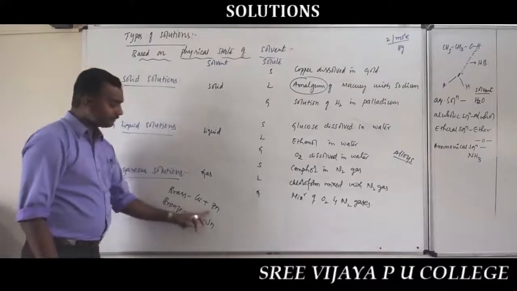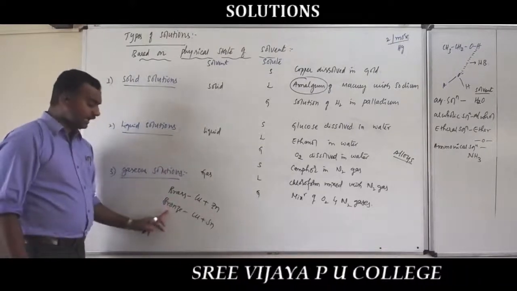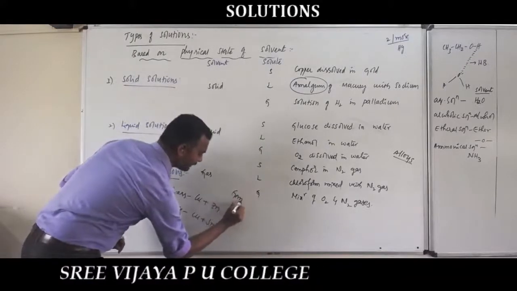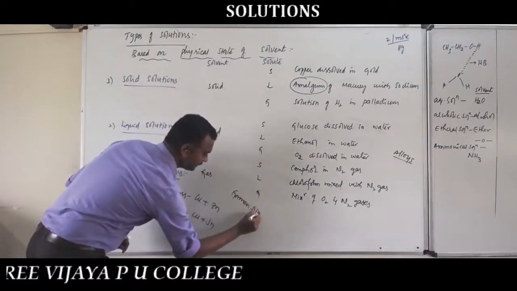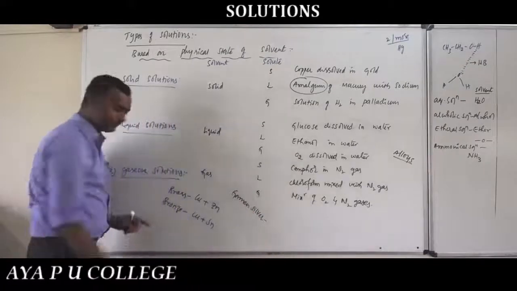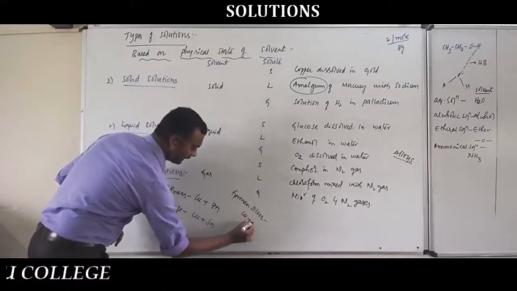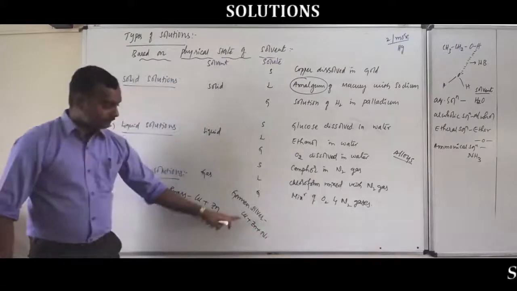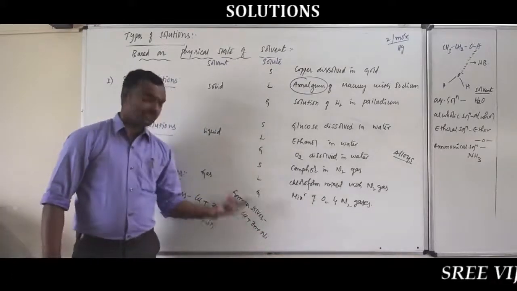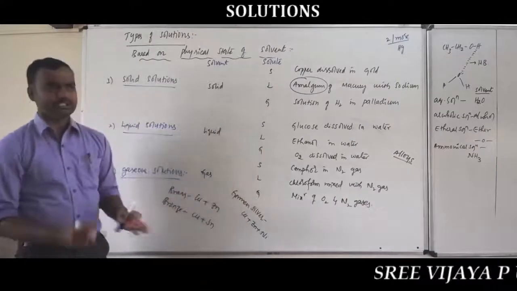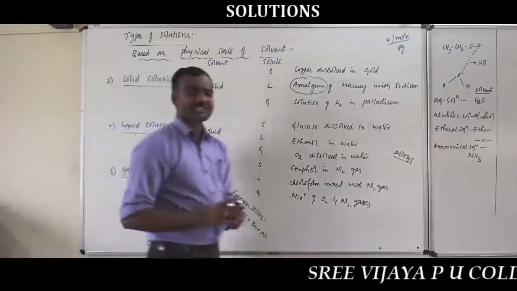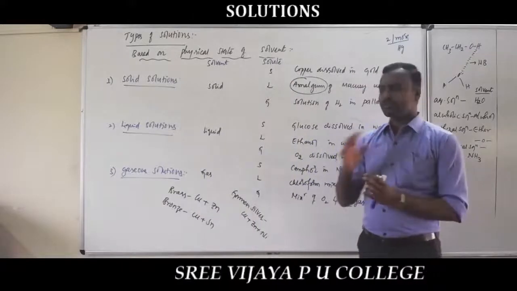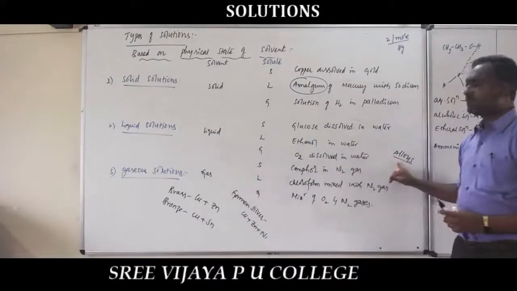One more example is German silver, which is copper, zinc and nickel mixed together. Other examples are chromium steel, molybdenum steel and stainless steel. All of these are examples of alloys.